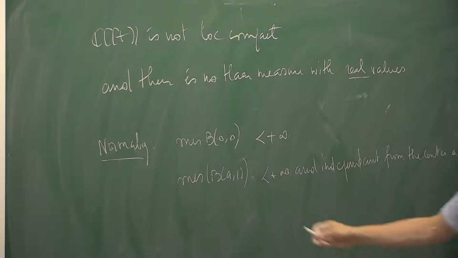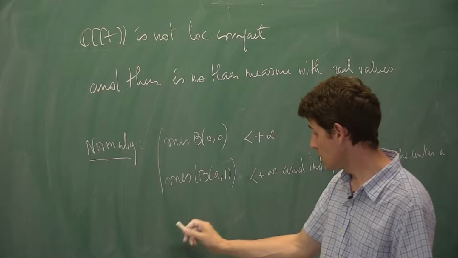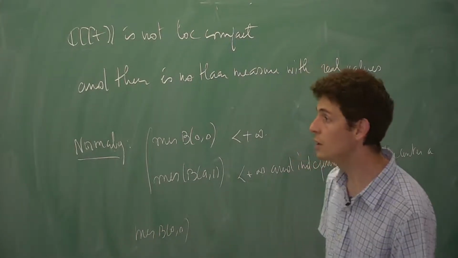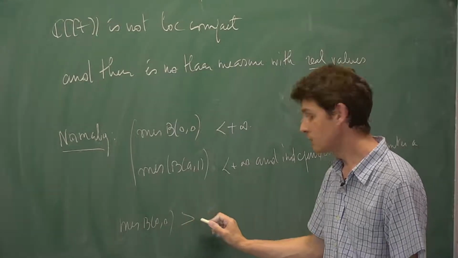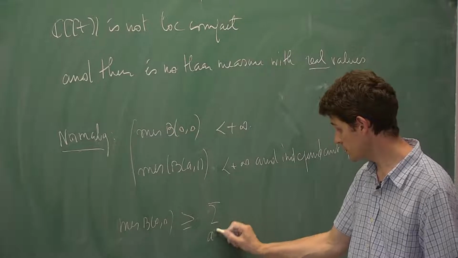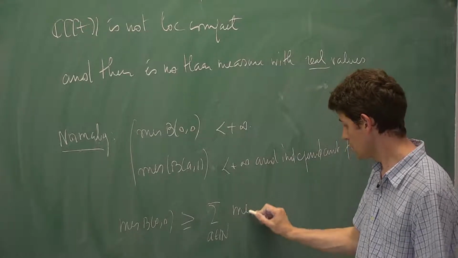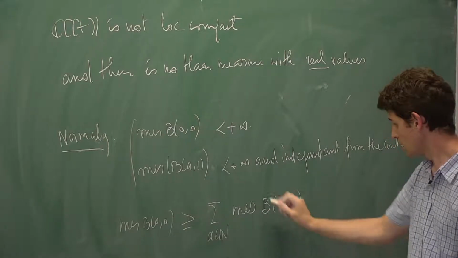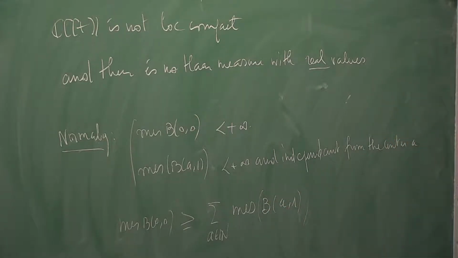So if you require that thing, then the measure of the unit ball should be bigger than the sum over the integers of the measure of those balls.